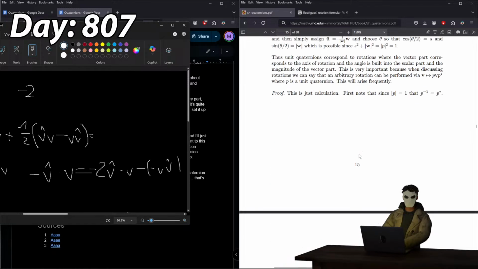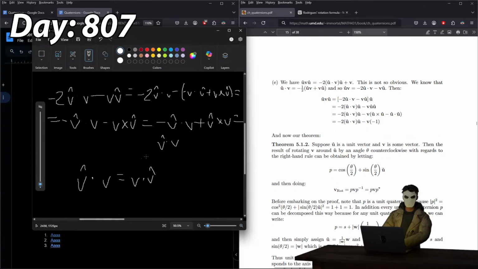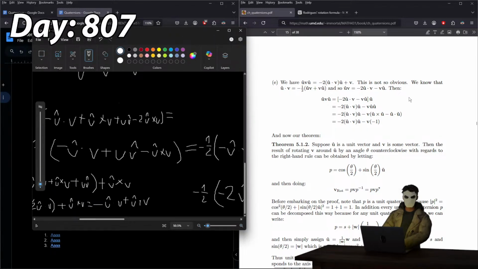Actually, wait, no, hold on. Right here we have the exact process. Minus 2 uv minus vu of u. Then you bring them closer, in which case you add in the u's. Then you take this, and as such, you take 2u dot vu minus vu cross u minus u dot u.